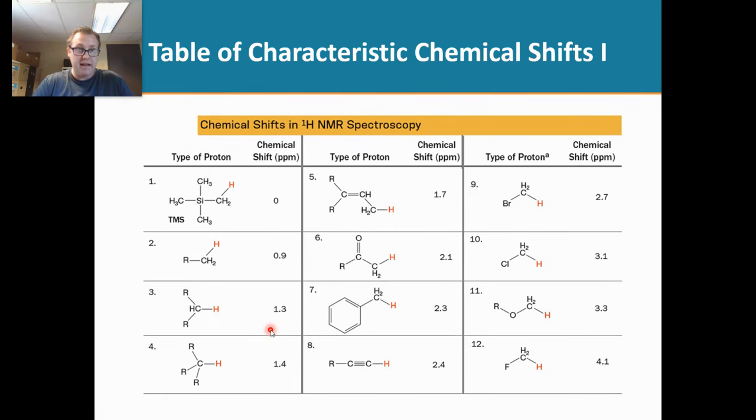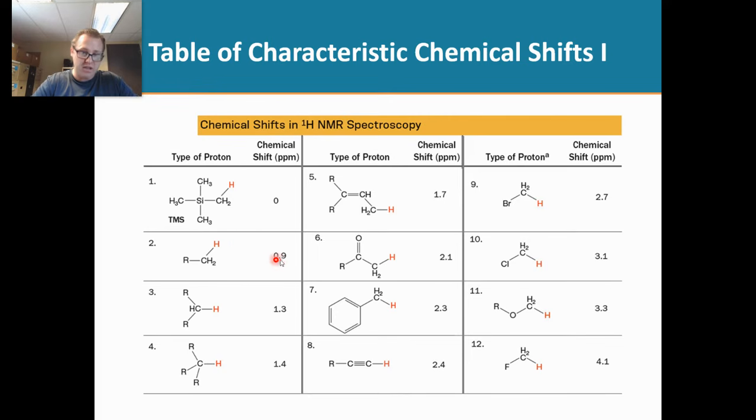Now this has to be very clear, class, that these values right here are not absolute values. There's wiggle room. It could be, for example, for this one right here, 0.93, 0.92, 0.89. There's flexibility in these numbers.